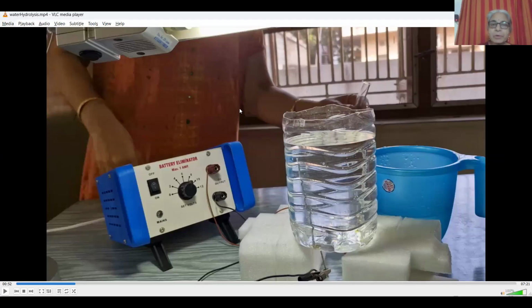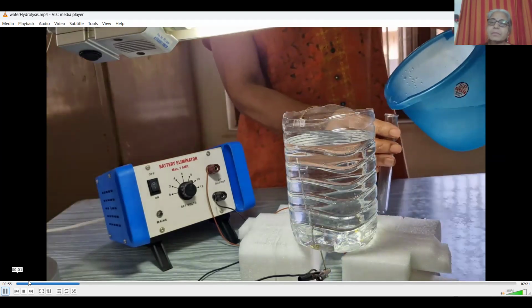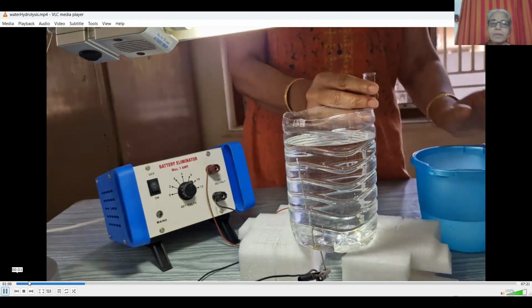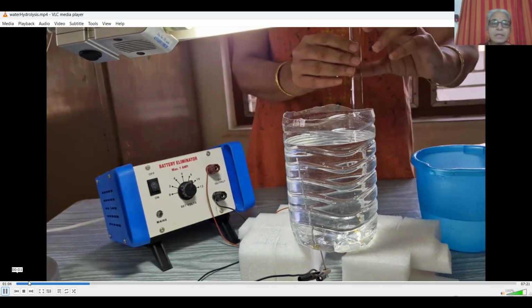So this time I'm going to collect the hydrogen gas which is forming near the cathode. So I'm going to take a test tube, fill it with water. So note that there is no current passing.